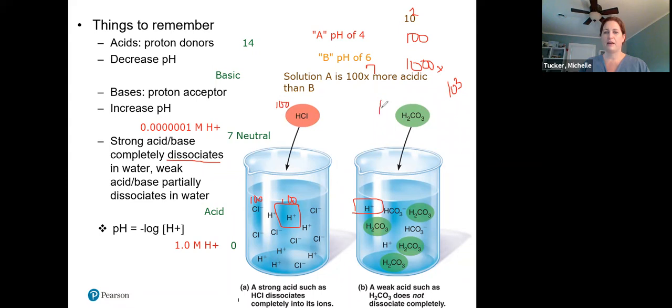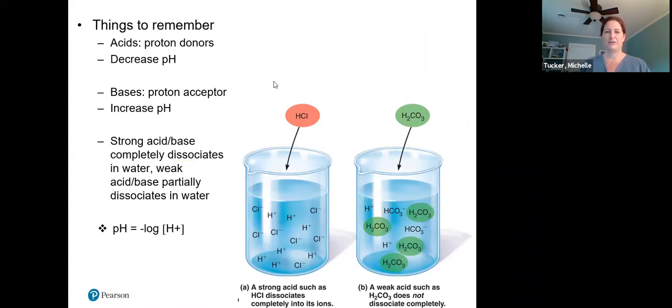If we put in 100 molecules of carbonic acid, we would get 90 that stay as carbonic acid, 10 hydrogen, and 10 bicarbonate. So that is kind of a primer, some background information on pH.